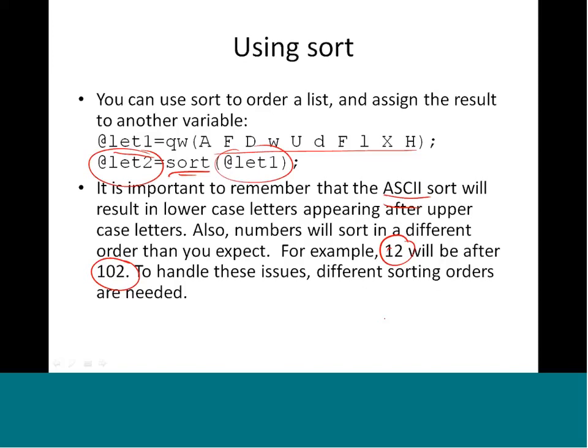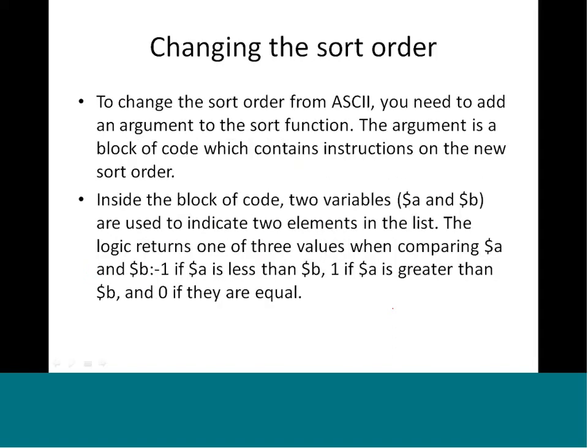So if you want to sort a different way, like a real numeric sort where you want to have 12 before 102, you need to have different sorting orders. For that, we need to use separate parameters. We saw this briefly in the previous lecture.